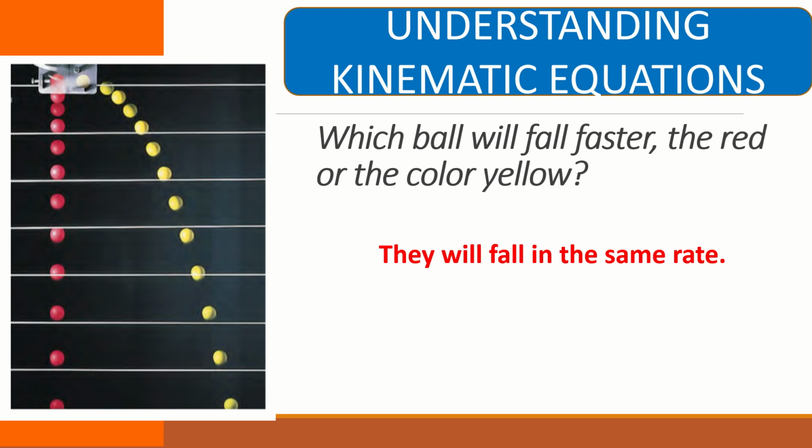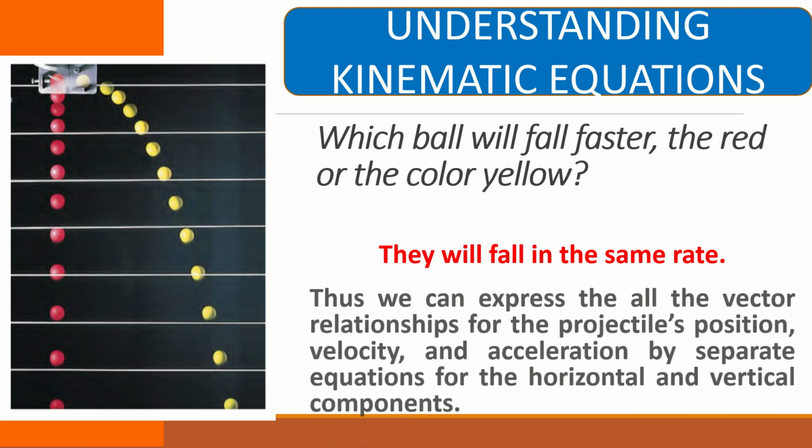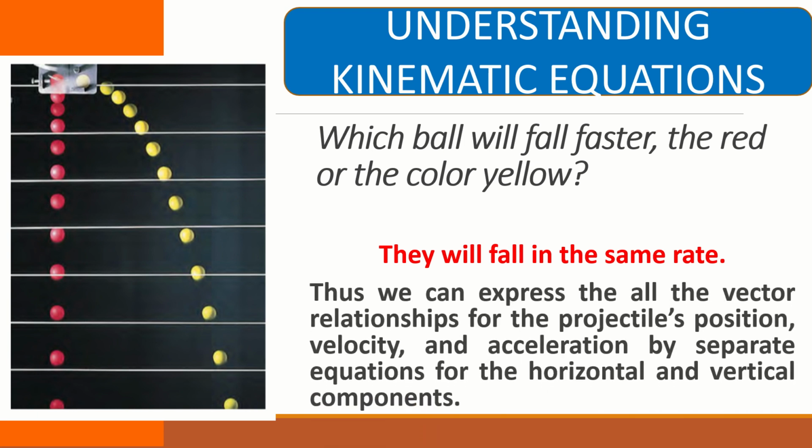Because we have already identified that the x component and the y component are independent of each other, not taking an effect on each other. So we can express all the vector relationships for this projectile's position, velocity, and acceleration by separate equations for the horizontal and vertical components. So I think that's it for the introduction.